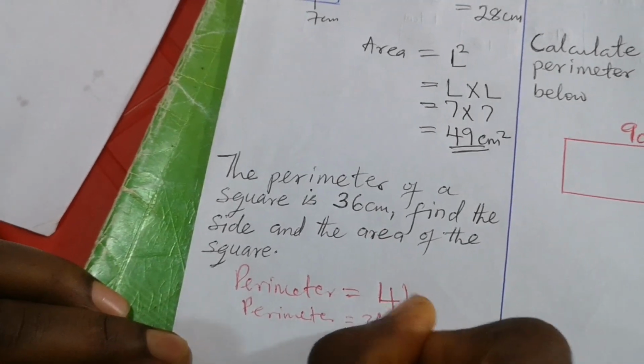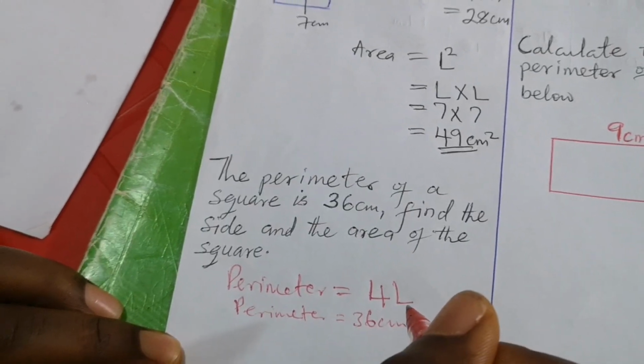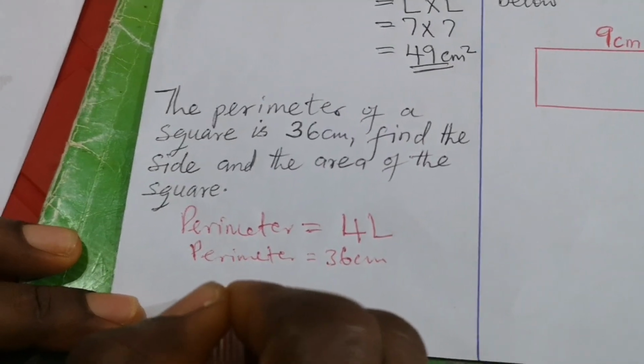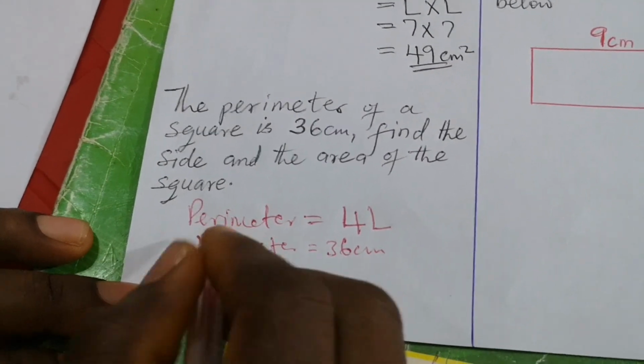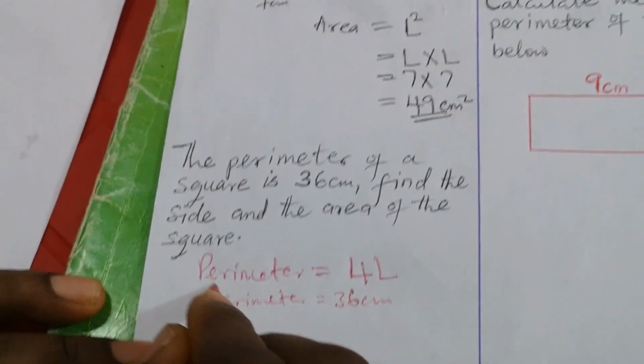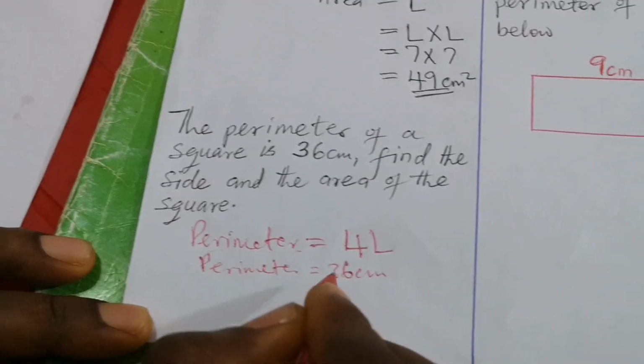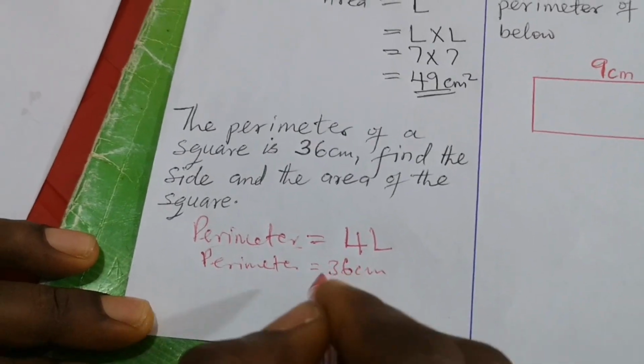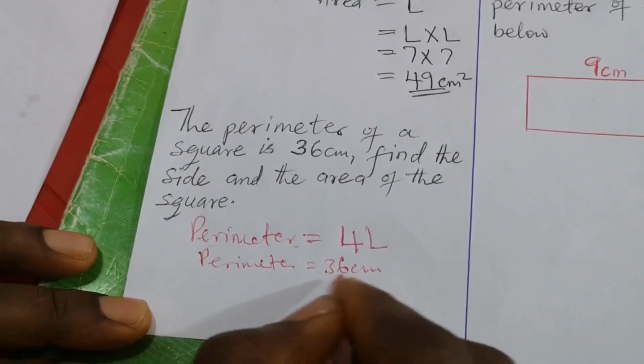Now, we are going to write that the perimeter, according to what we have, is 36 cm. So from the formula we have here, perimeter is equal to 4L. Anywhere we see perimeter, we will write 36, because we were given the perimeter to be 36.